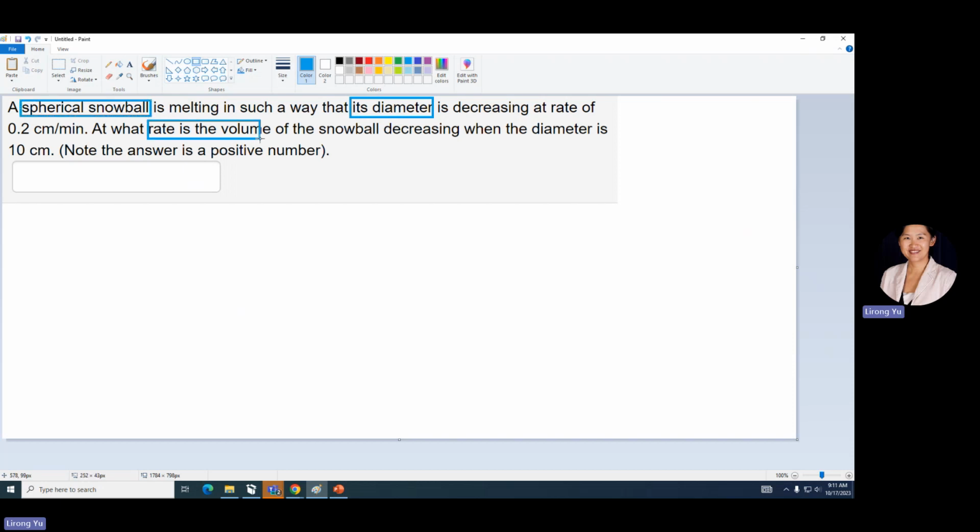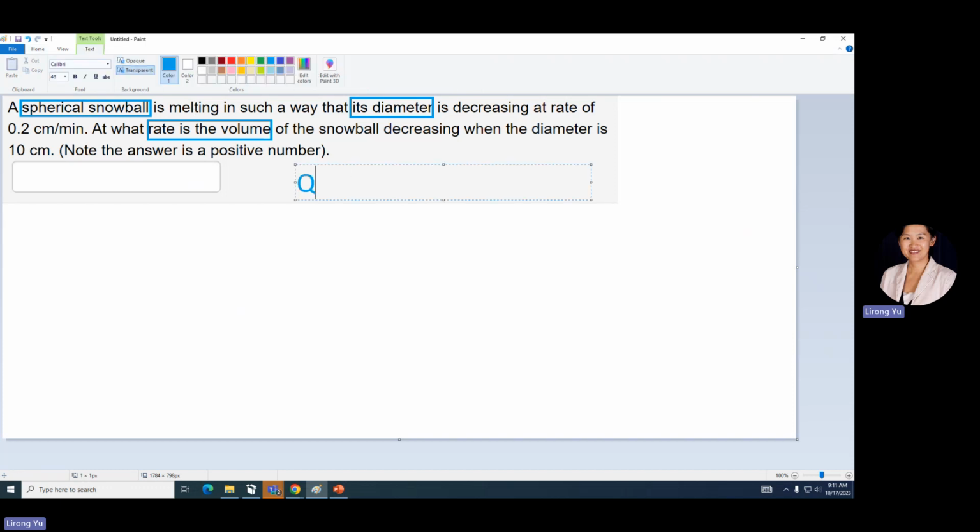So another quantity is the volume. And we also have a unit, 0.2 centimeter per minute, which gives us the distance unit, centimeter, and the time unit, minutes. So we know how we measure time and how we measure length. This is how I try to go about analyzing it.